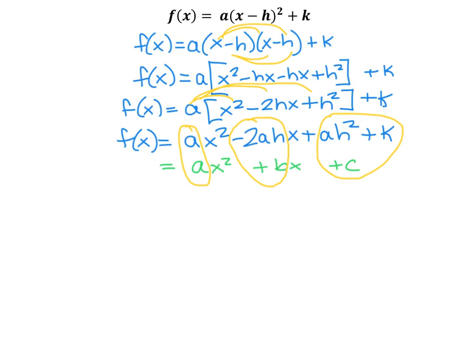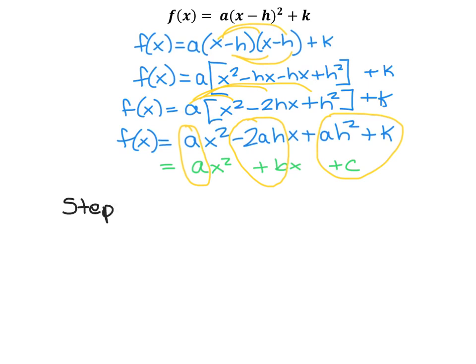However, if you're given the standard form of a quadratic, it's not as convenient. You can try to factor it and find what's called the x-intercepts. We're going to talk about that in a future section. However, you just can't see that vertex or the translations from that format. So it's extremely convenient, if we are given that, to convert it.